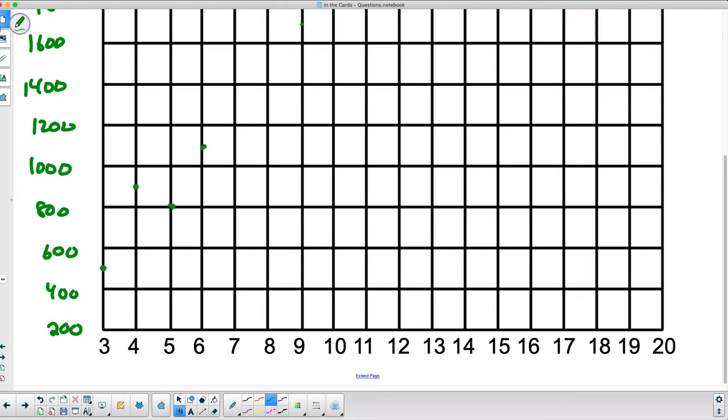After 1086 is 1402, which goes all the way up to here. After 1402, number 8 is 1314, which is odd, but it dips back down again, right there. Number 9 is 1681. It looks like it's right around there. I may have to bump up a little bit.